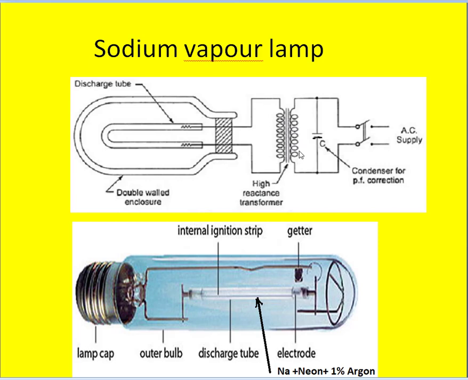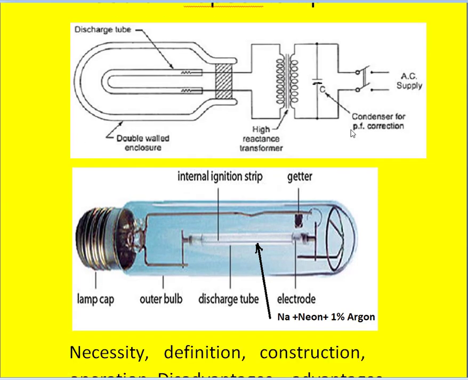The purpose of the high leakage reactance is to limit the current flowing into this lamp, and also to provide the necessary voltage across the lamp. And coming to the primary side of this transformer, here we have the capacitor, and this capacitor is used for improving the power factor of the circuit or lamp, and this primary will be connected to the AC supply like this.